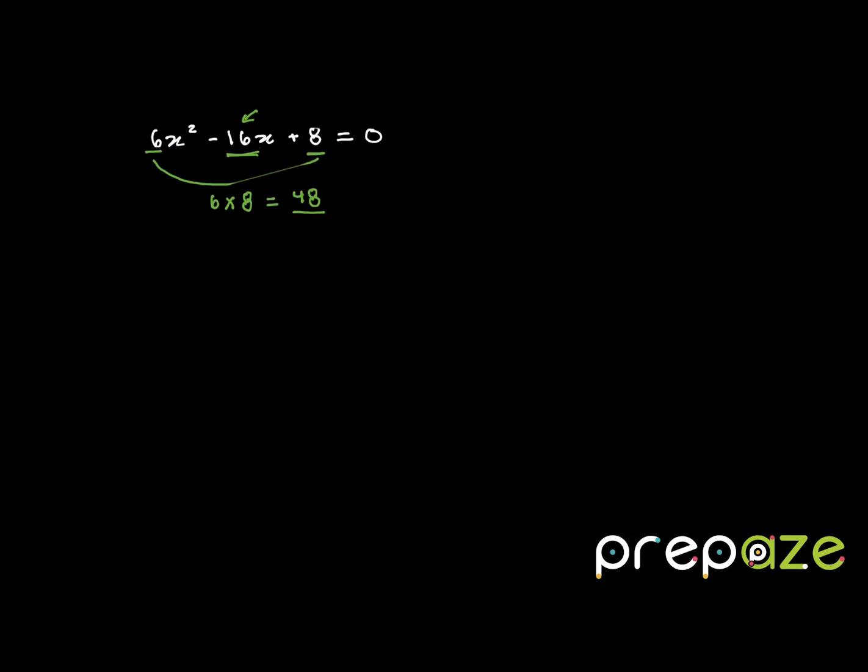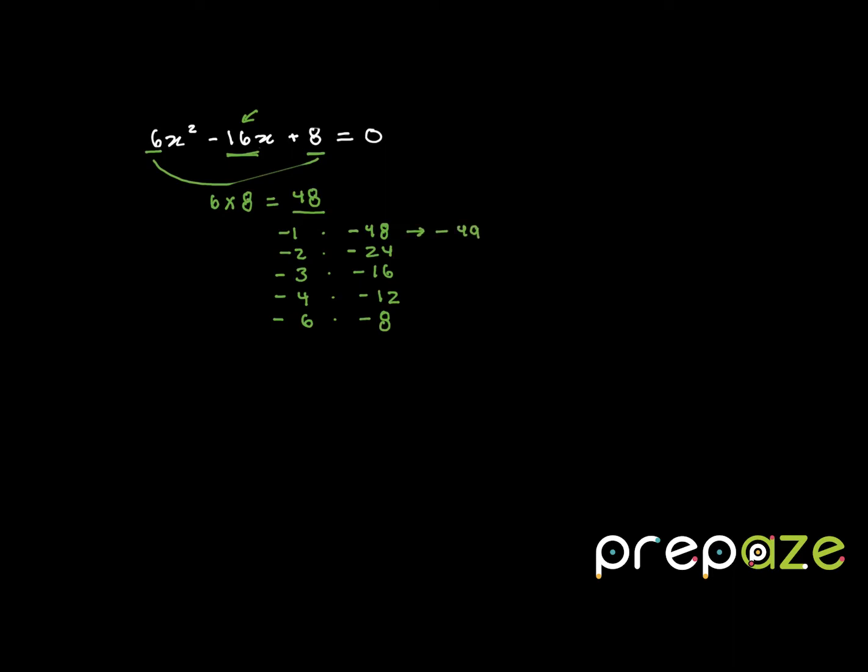Well, our factors of 48, when they're negative, will be negative 1 times negative 48, negative 2 times negative 24, negative 3 times negative 16, negative 4 times negative 12, negative 6 times negative 8. So these are our factors, and when adding these up, let's see, negative 1 plus negative 48 is going to give me negative 49.